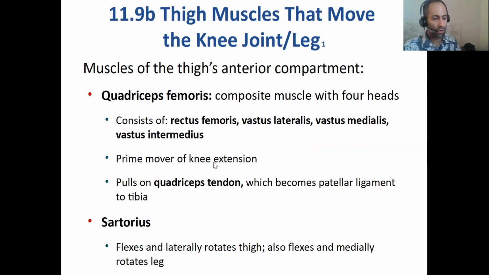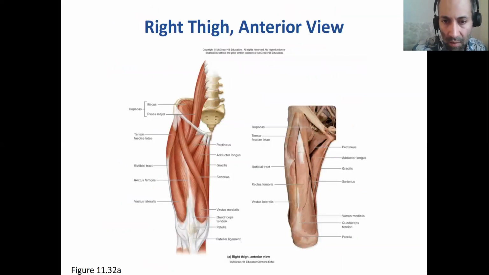You can even feel it when you move your leg forwards. Just feel your quadriceps muscles, they become tight, because it pulls on the quadriceps tendon, as you can see here. All right, so here are your quadriceps muscles, the rectus femoris, vastus lateralis, vastus intermedius, and vastus medialis, okay? And their common action is knee extension.